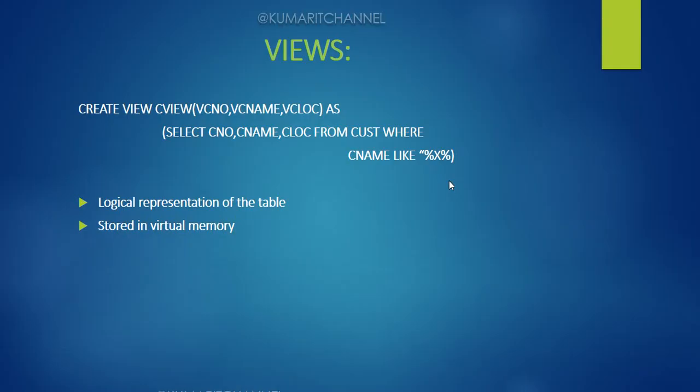If you are not restricting and everyone is accessing that particular table, they can see the salaries: how much salary this employee got, how much that employee got. They can see every piece of information. But I wanted to hide that information. So in that scenario, we can create a separate view for different departments. We can retrieve only those specific fields and give them a separate view, and they can fetch that information. So that's the main purpose of the view.